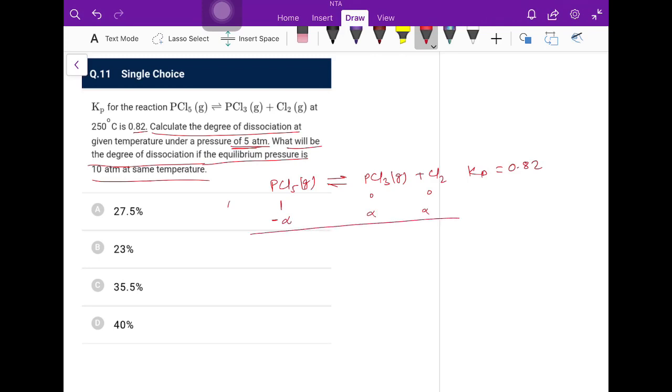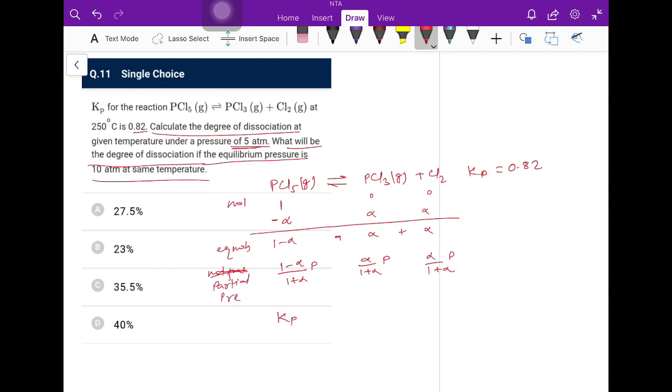So the total moles at equilibrium is 1 minus alpha plus alpha plus alpha, that is 1 plus alpha. The mole fractions are (1 minus alpha) upon (1 plus alpha), alpha upon (1 plus alpha), alpha upon (1 plus alpha). Let the total pressure be P, so these become the partial pressures.